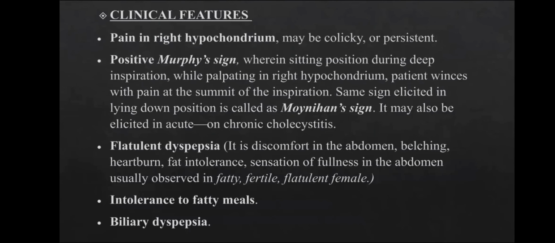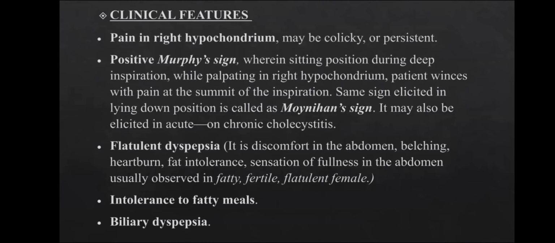There will be pain in the right hypochondrium. Then the Murphy sign, which was told earlier. In sitting position, we ask the patient to take a deep inspiration, and then we palpate the right hypochondrium. When this palpation is done, the gallbladder is brought downward, and if it is inflamed, it causes pain.